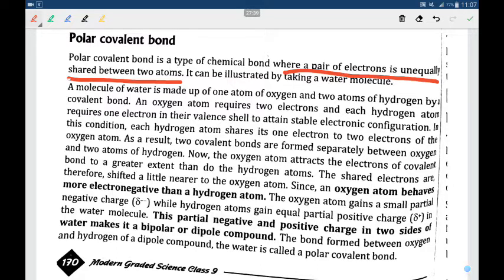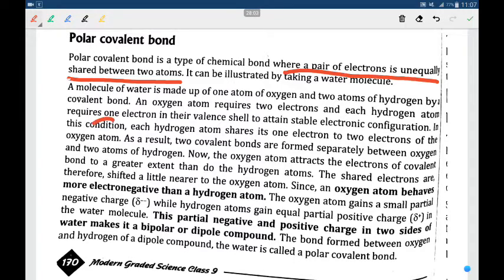You keep in mind, if there is the molecule of a non-metal that is formed, an example of non-polar covalent compound, and if there is a molecule of other, that is polar covalent compound.